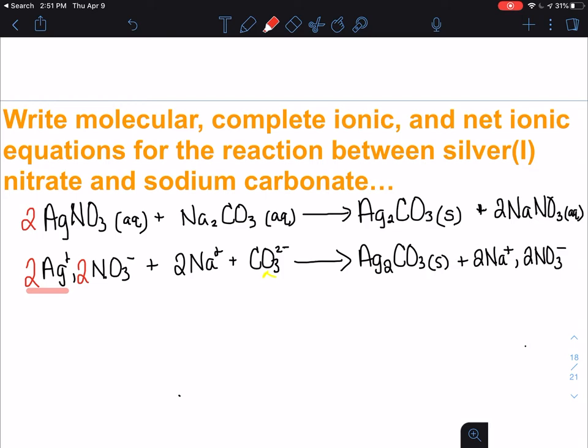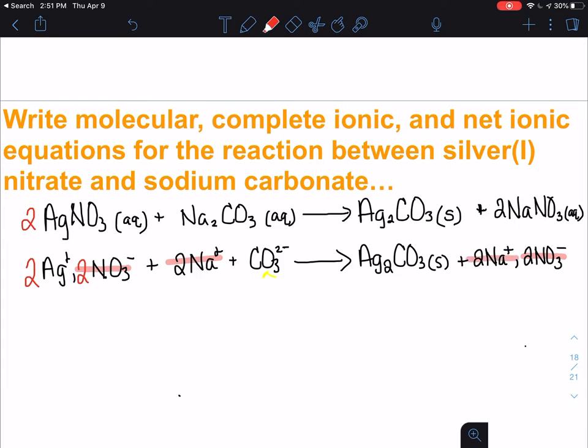Nitrate, 2NO3 I have right here, and look, I have 2NO3 on the product side, so I'm going to mark these out. Next one, sodium. I have 2 sodium cations here, and I have 2 sodium cations here, so I'm going to mark these guys out.